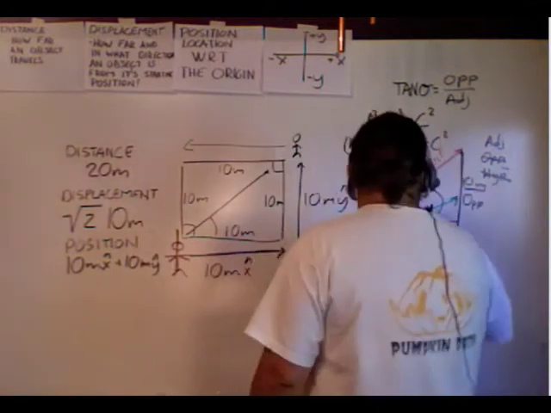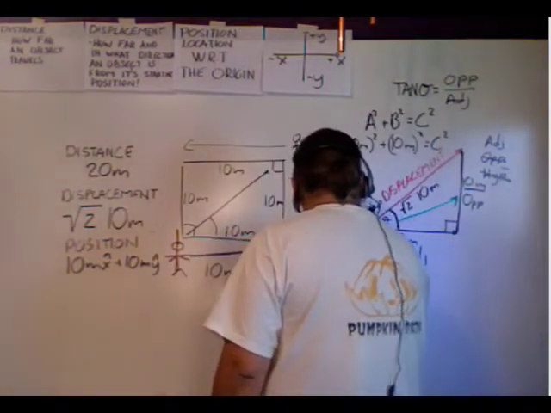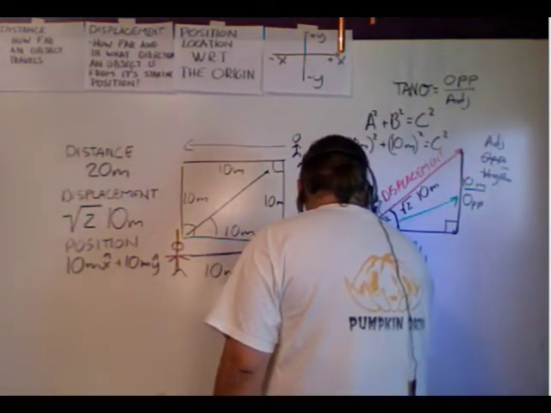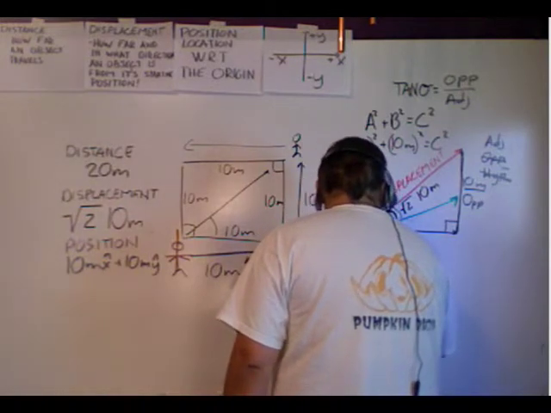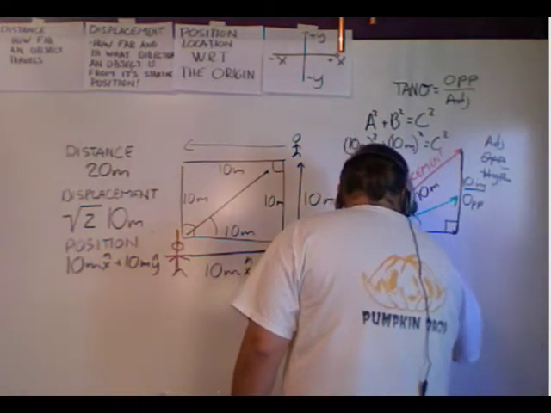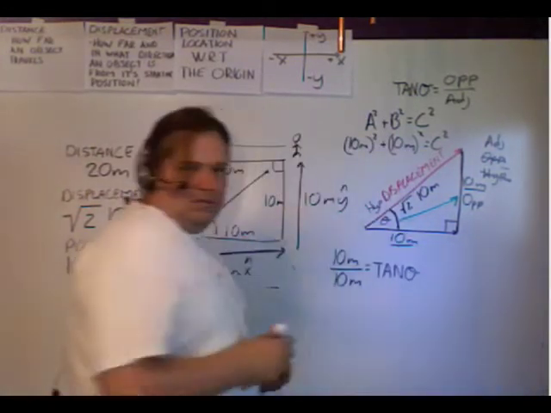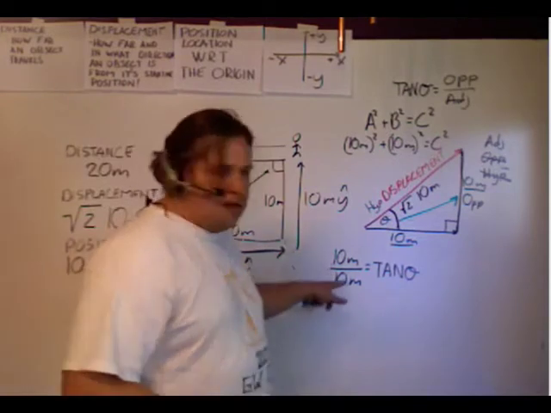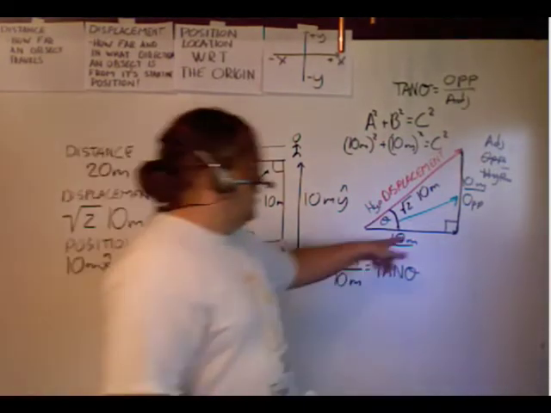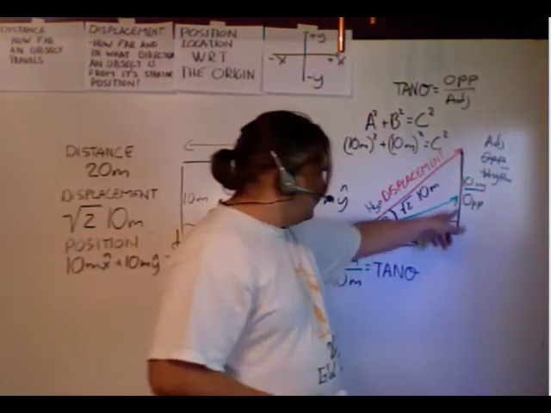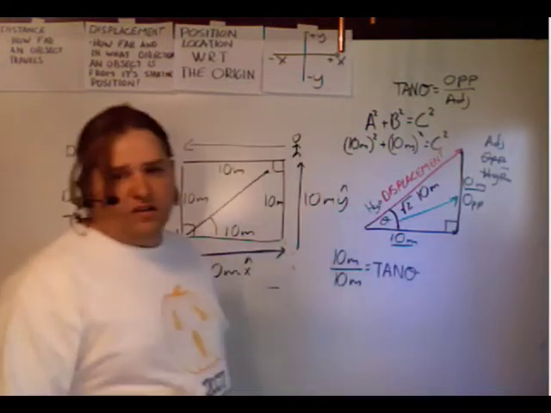Okay? Opposite, that's 10 meters, divided by 10 meters. Okay? 10 meters over 10 meters is equal to tan theta. Adjacent, opposite. So 10 meters over 10 meters.